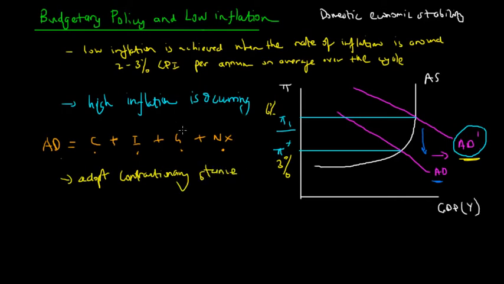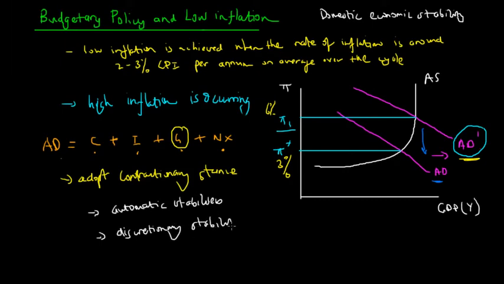What this means is that they're going to decrease government expenditure, firstly by using automatic measures or automatic stabilizers, and secondly, using discretionary stabilizers. So we're going to look at how automatic stabilizers can affect the aggregate demand equation.